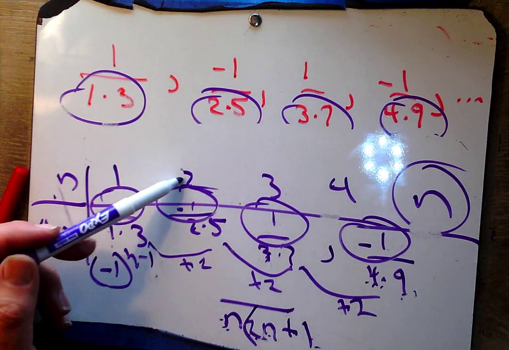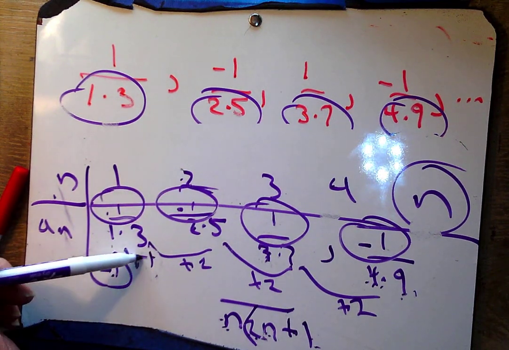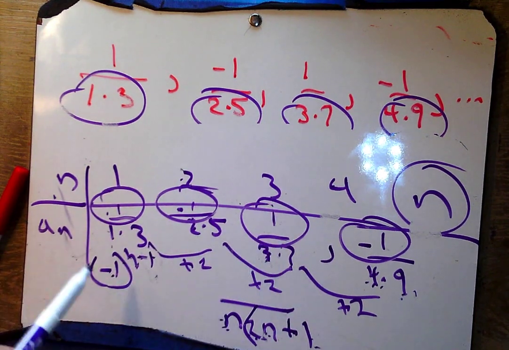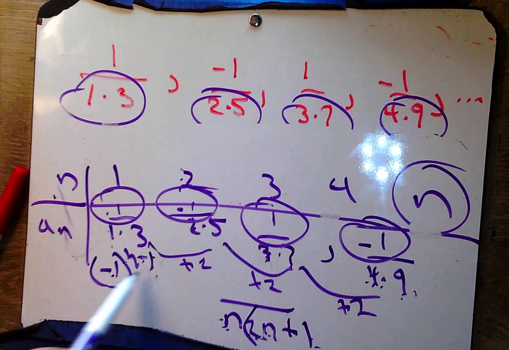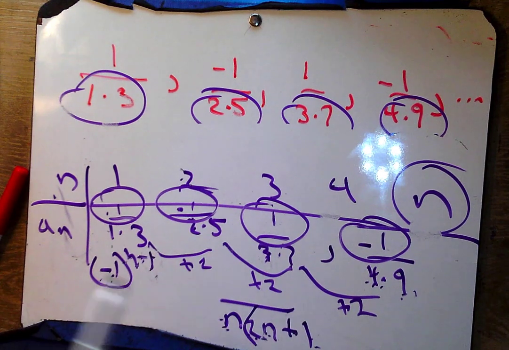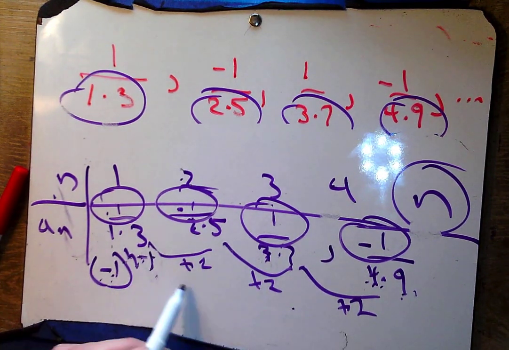So if I plug in a 2 for n, 2 minus 1 is 1, negative 1 to the 1, yep. If I plug in a 3 for n, 3 minus 1 is 2, and negative 1 to the second power, well, it's negative 1 times negative 1, or positive 1. So I think this is perfect for generating our rule.